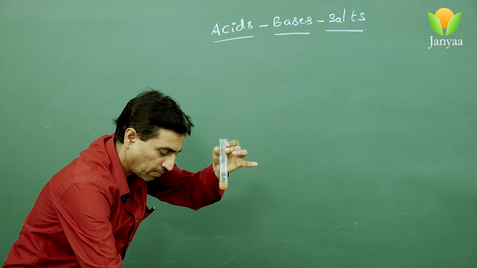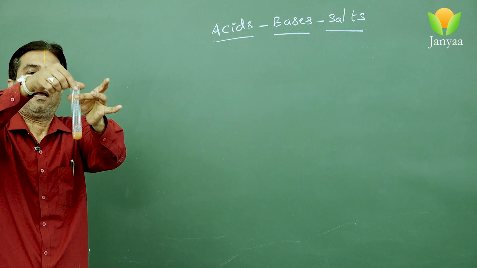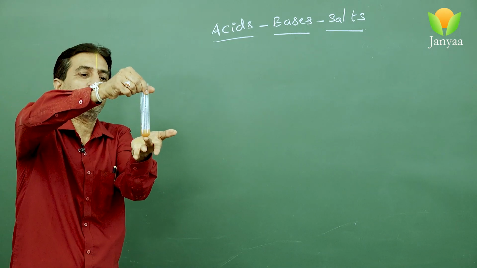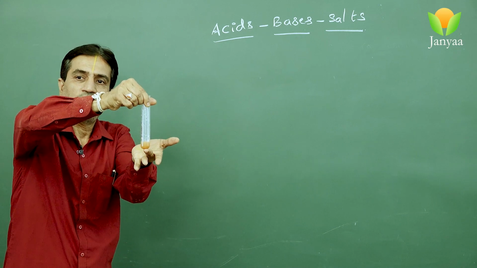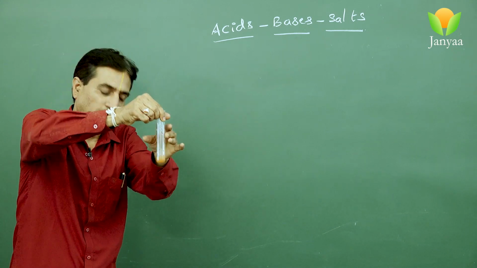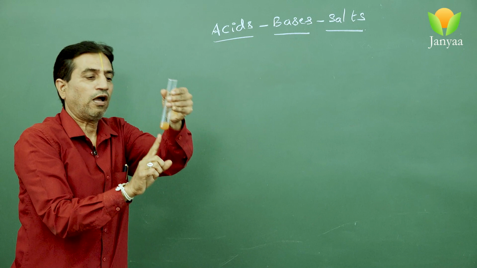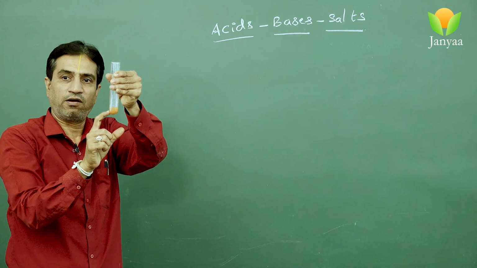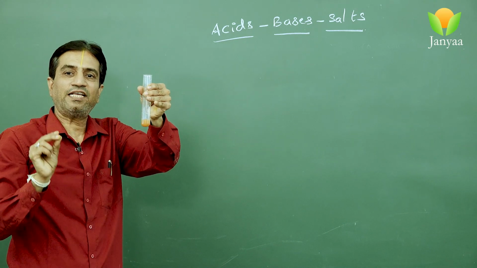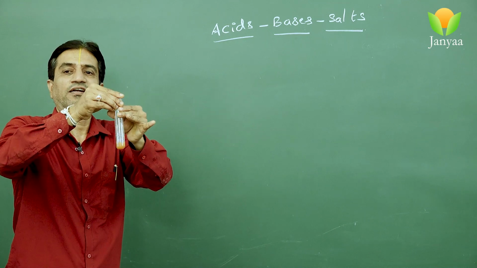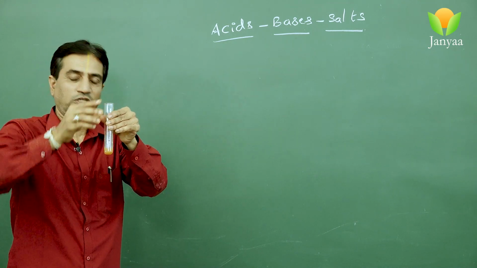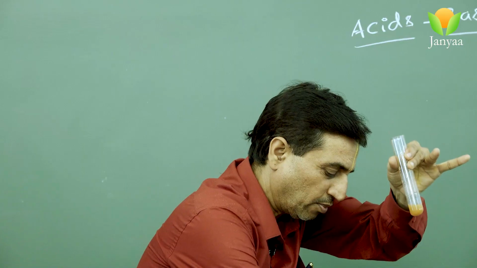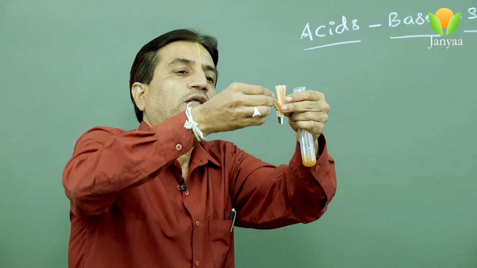Now, this is the collected water, in which the soil is dissolved. Why are we adding the water? Because with dry soil we cannot test by using the pH paper. So that is why we use the water here.